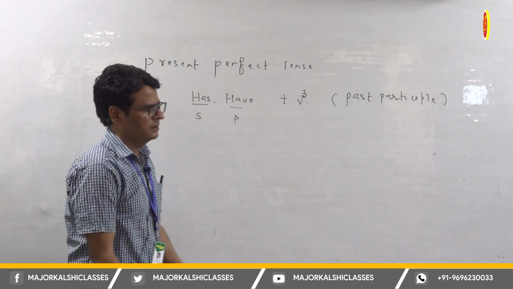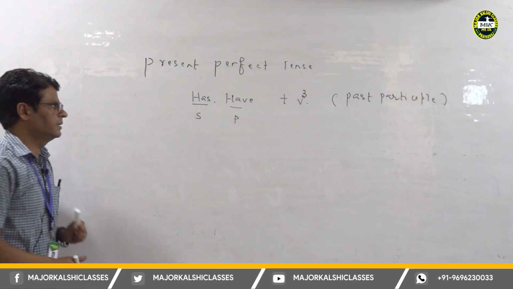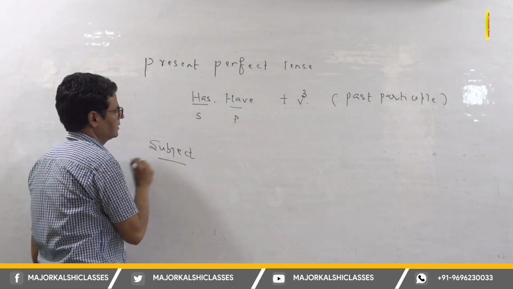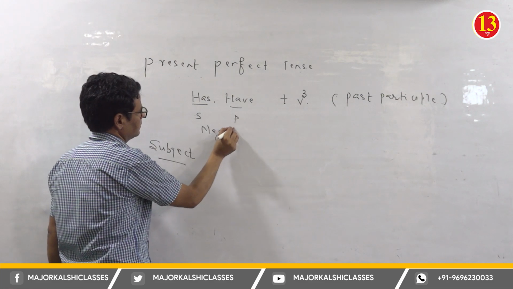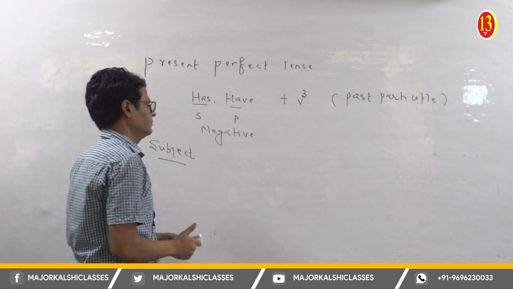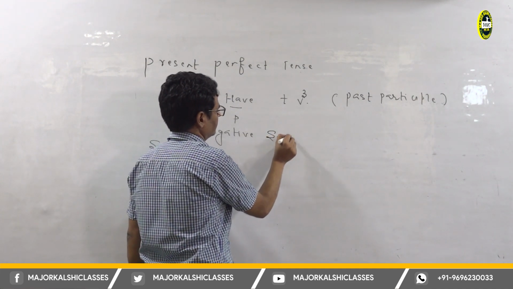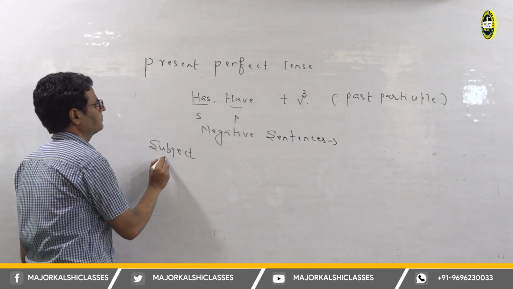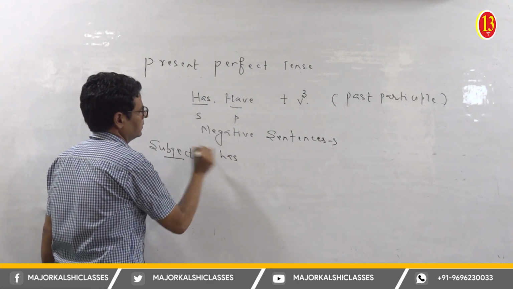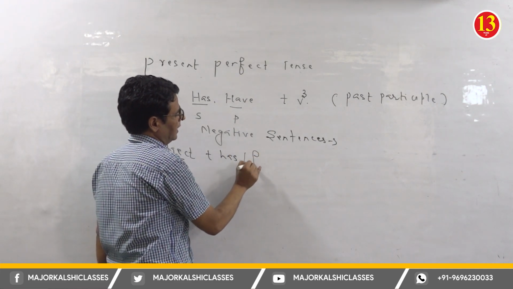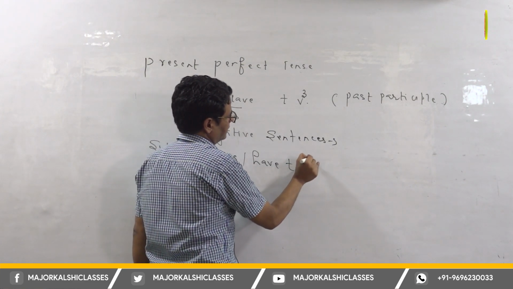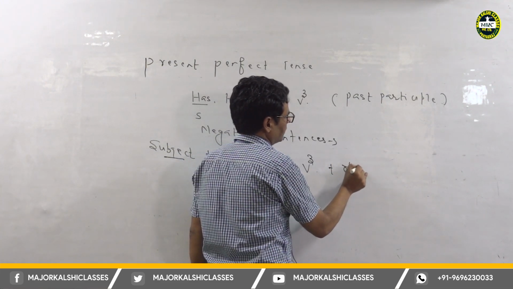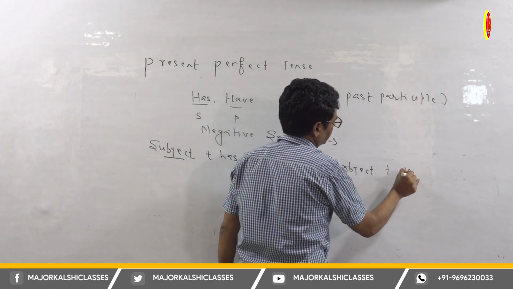Okay, we have to take some examples of negative sentences. In negative sentences, first of all, you need the subject, and after that you need has or have, and after that the third form, that is called past participle, and after that object and others.